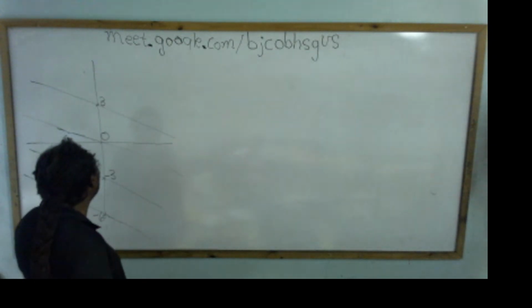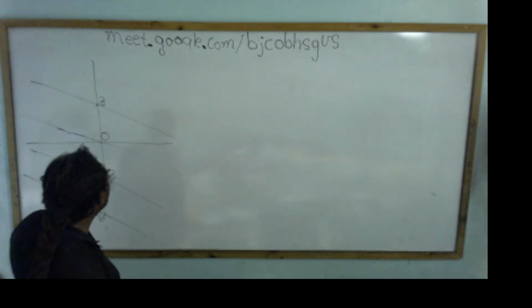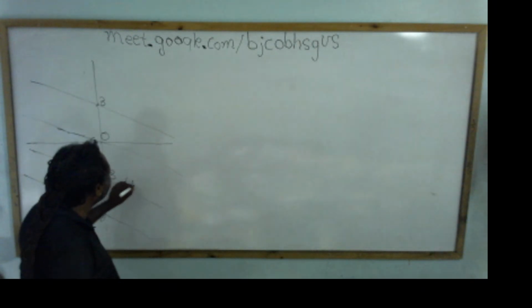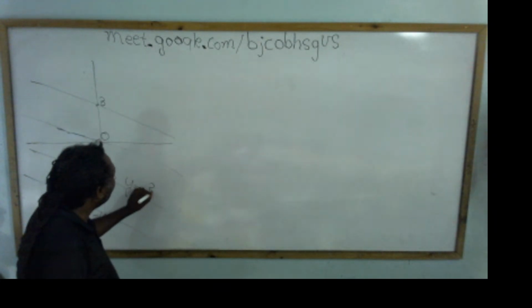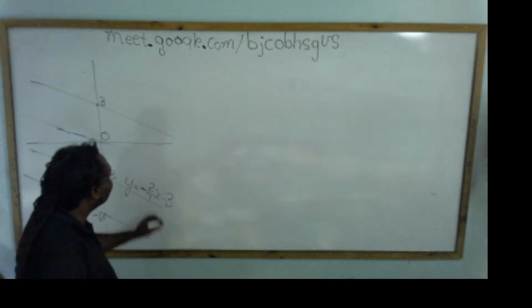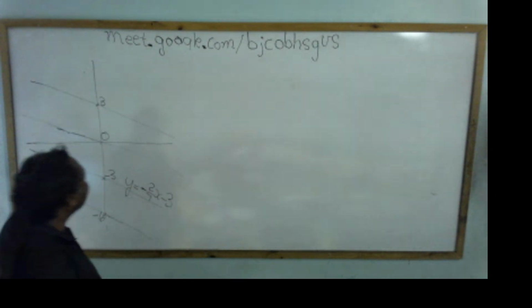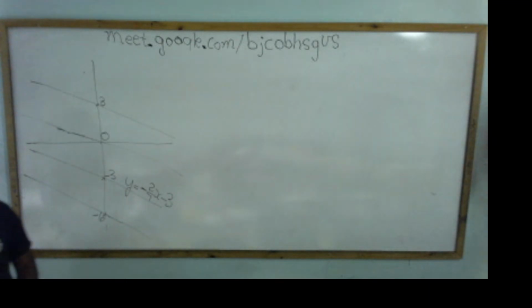So I'm going to write down the equation of one. You take on the rest. Y is equal to negative 2 over 7x minus 3.